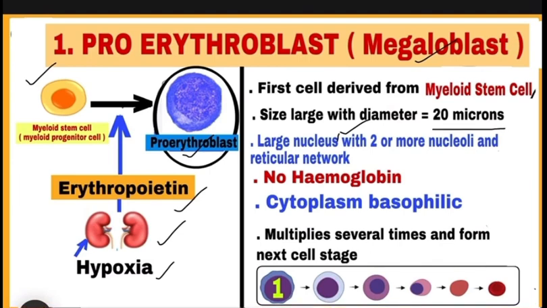Its nucleus is also very large with 2 or more nuclei and reticular network. There is no hemoglobin in these cells, but synthesis of hemoglobin begins at this stage. Cytoplasm is basophilic in nature. It further multiplies several times and forms next stage of erythropoiesis.